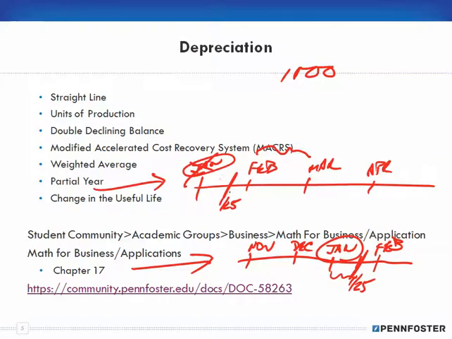It's just that because it's less than half a month up front, you don't use that month, but you end up recording the depreciation on the tail end of the depreciation period.